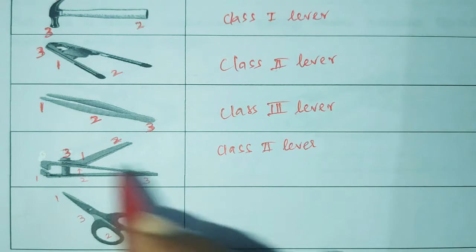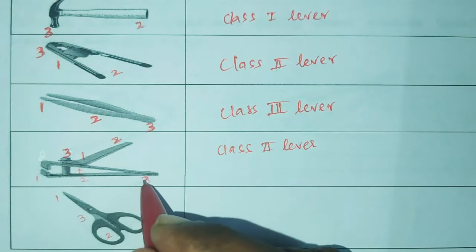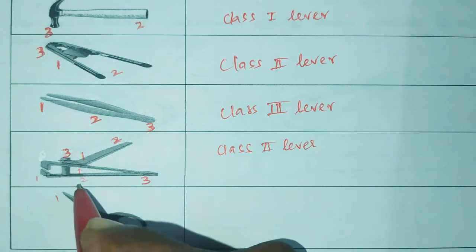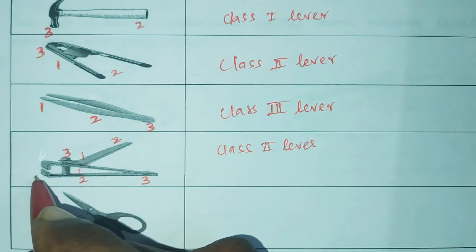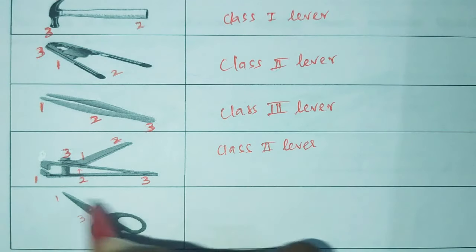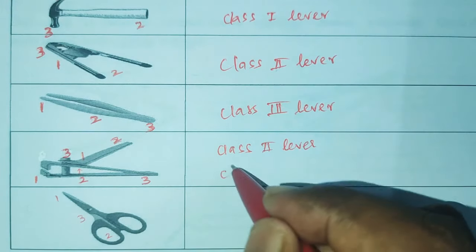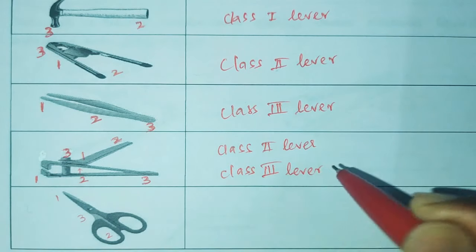So there are 2 types of lever. Upper portion is class 2 lever. Next is 3, this point is the fulcrum for the lower portion. This lower portion will move up. So this is effort 2. This one is nothing but load. So this represents class 3 type lever.